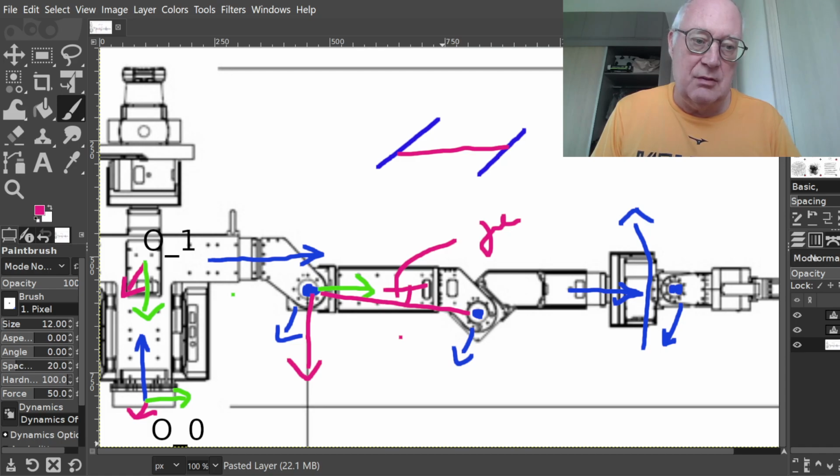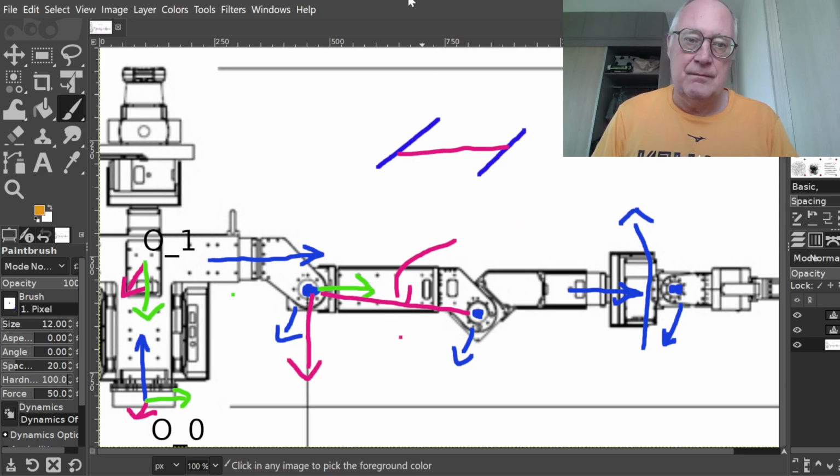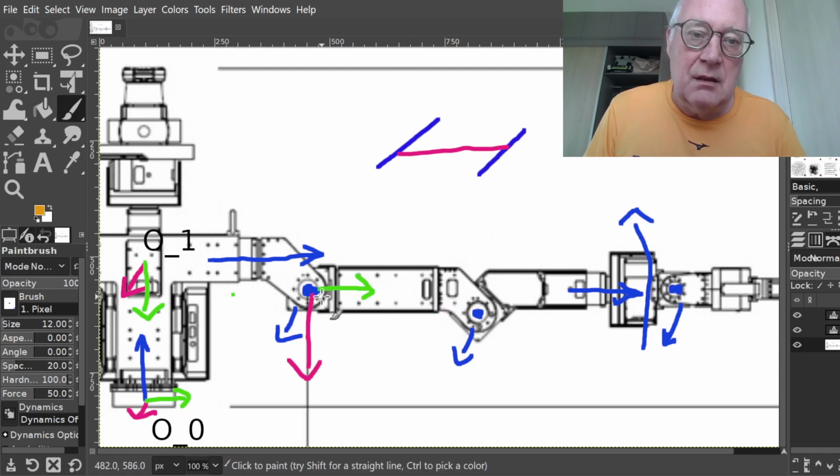Let's draw that orange. Let's say this one here and this one. This angle is gamma.